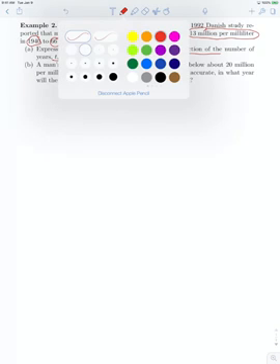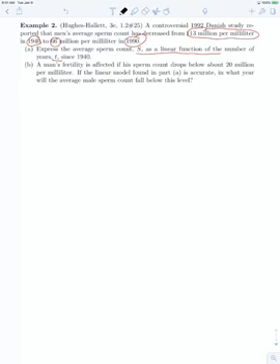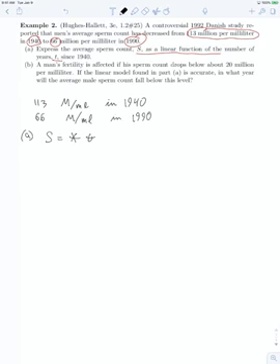So if I just write down that stuff, put it in a table or something like that. So we have 113 million per milliliter in 1940 and 66 million per milliliter in 1990. And we want to find S equals something with a T in it.